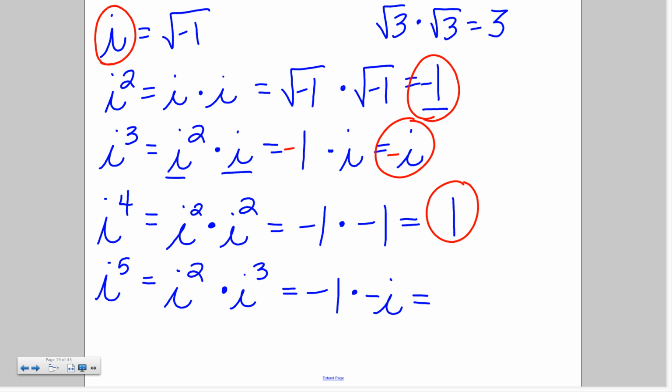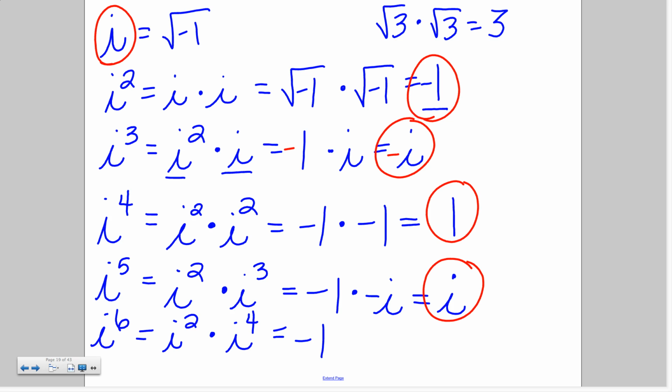Negative 1 times negative i is i. Okay? Keep going. i to the sixth can be i squared times i to the fourth. i squared is negative 1. i to the fourth is 1. Negative 1 times 1 is negative 1.